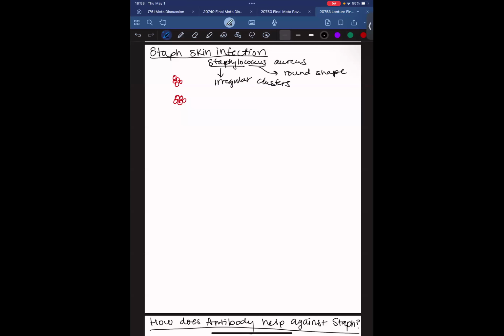We have now gotten Staphylococcus aureus introduced into our body. It's not inside of the cells. It's still an outside infection. I'm not going to go over the immune response for this one directly just yet, okay? So this is an outside infection.